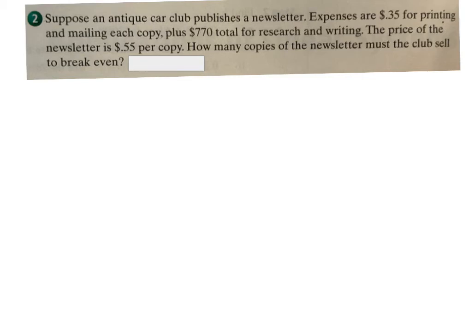If I am writing an equation for my expenses, that is going to be 0.35 per copy, which I don't know how many copies yet, plus a total of 770 flat expenses. For income, I make 55 cents per copy. All right, so I'm going to set those equal to each other.